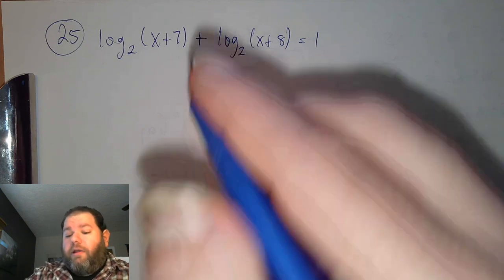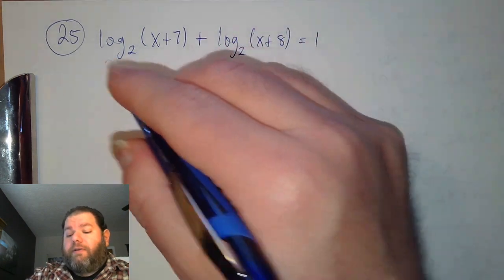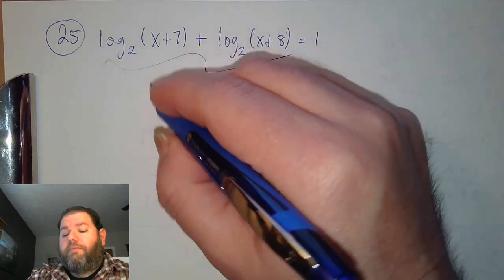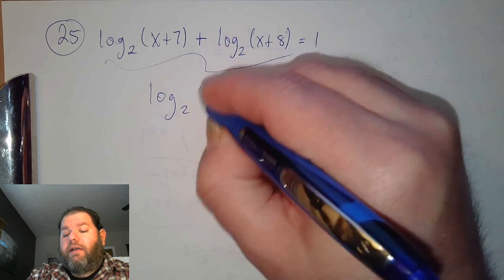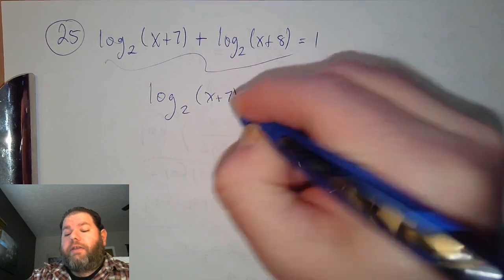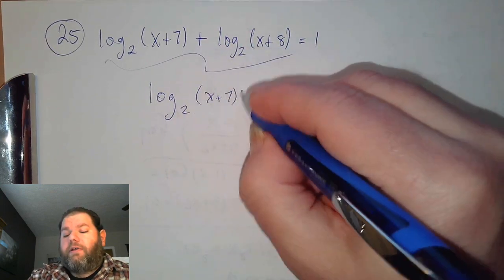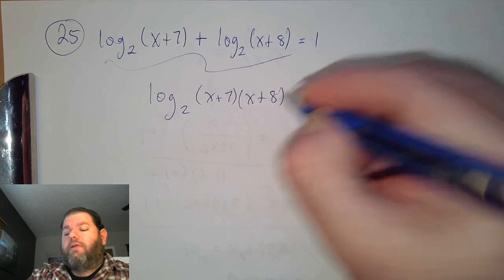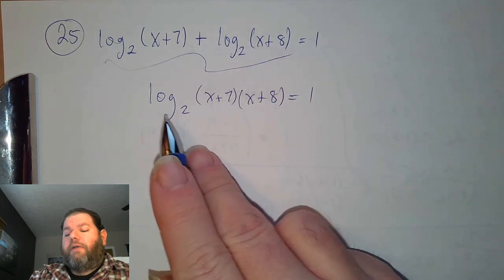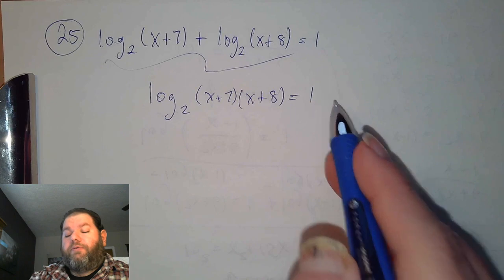Final exam. So we combine these once again. Because they're added, we'll have to multiply the two binomials. Now we have log base 2 of the product equals 1.